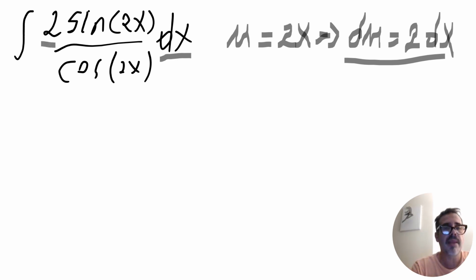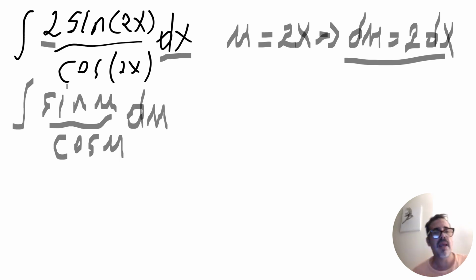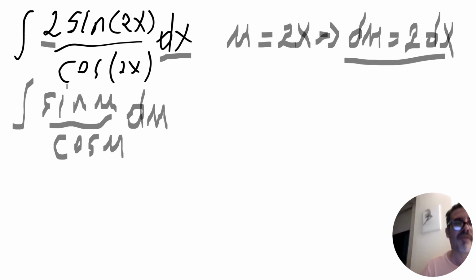I'm going to use this substitution to rewrite my integral in terms of u. So it's going to become the sine of u divided by the cosine of u, and then everything is going to be by du. So my integral now is in terms of u. Then the other thing that I need to recognize here is that cosine u derivates to minus sine u.